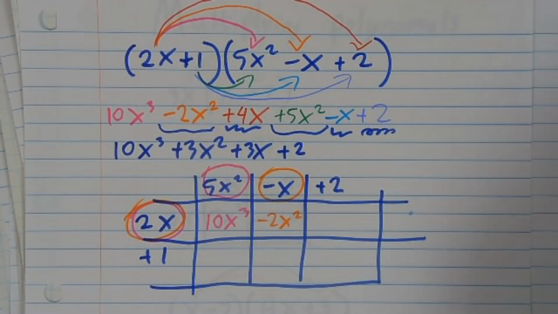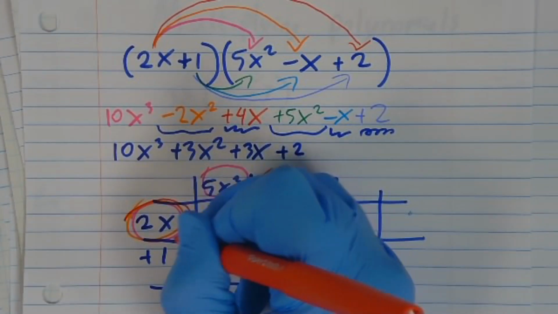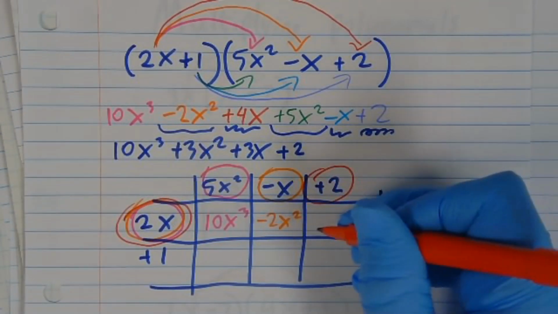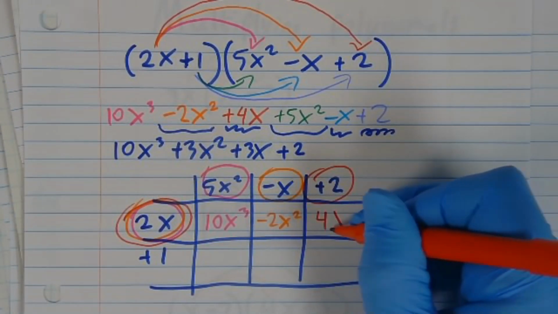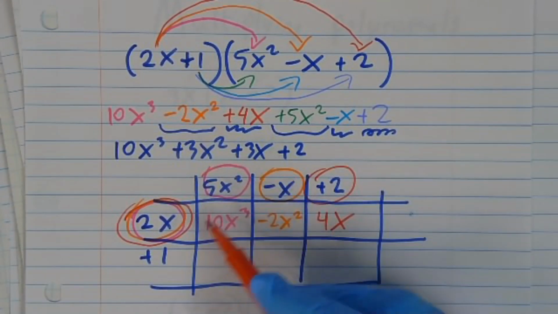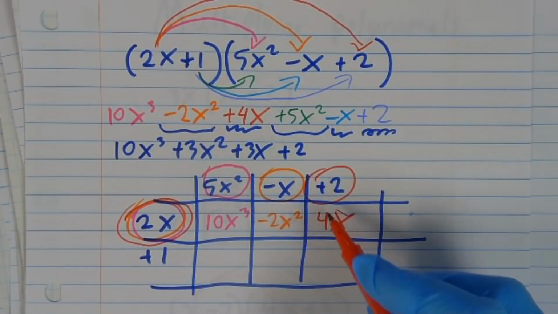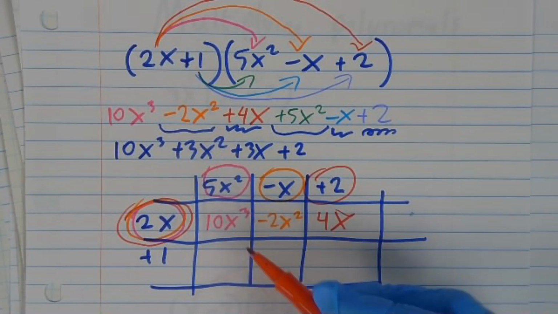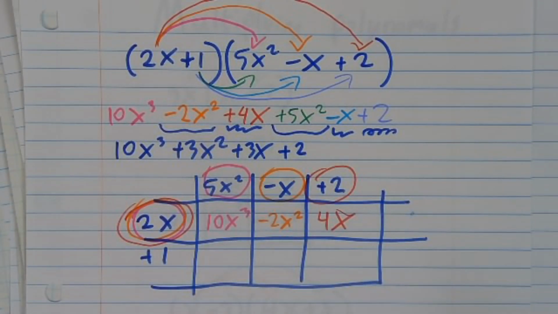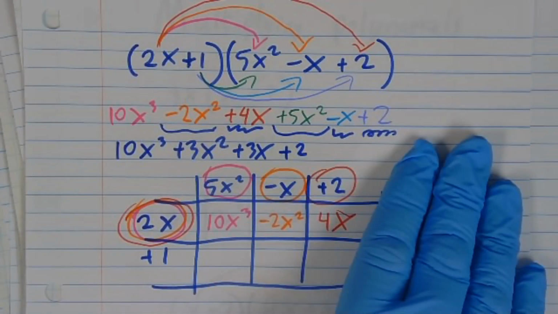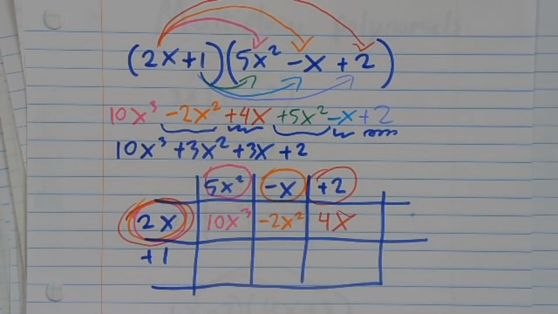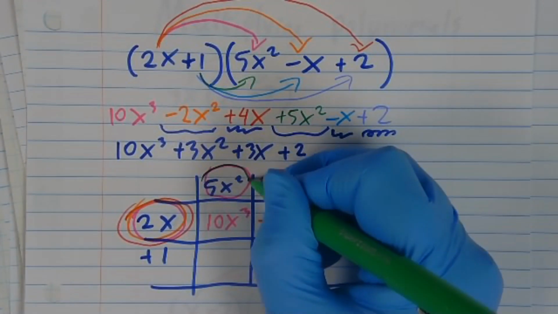And I would have 2x times 2 for 4x right here. This circling business is so that you can see where I'm getting my numbers and not something you would necessarily do while doing this yourself. I'm trying to be very clear on how I'm using my tool and trying to make that very visible on the paper. So that's something you might not need to do yourself. I'm just trying to be clear on what I'm doing.